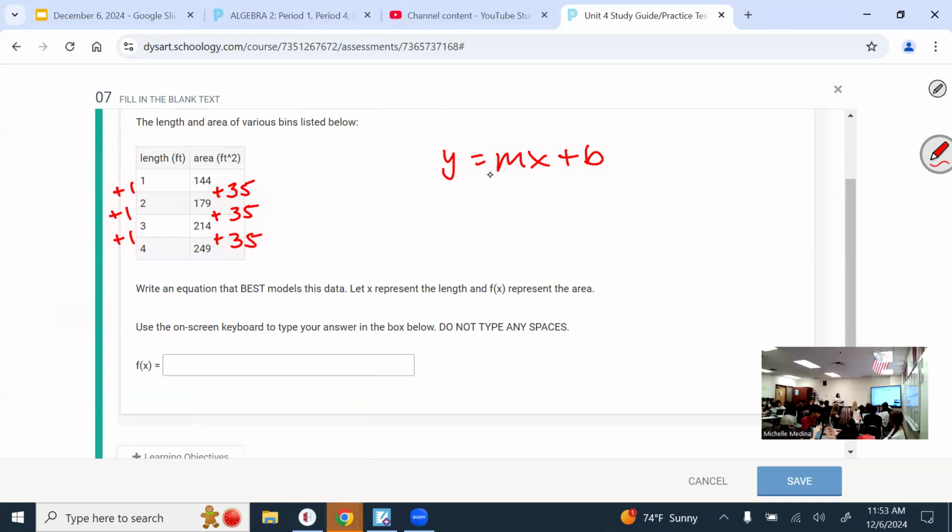Slope, another word for it is average rate of change. So whatever it is changing by would be your slope. And then your y-intercept, by definition, is when what happens?